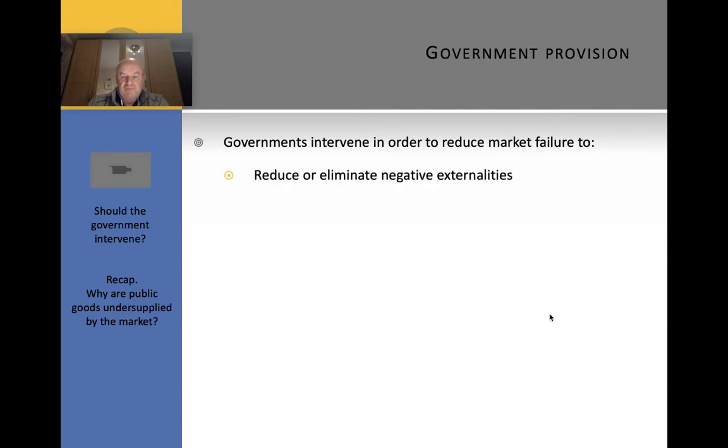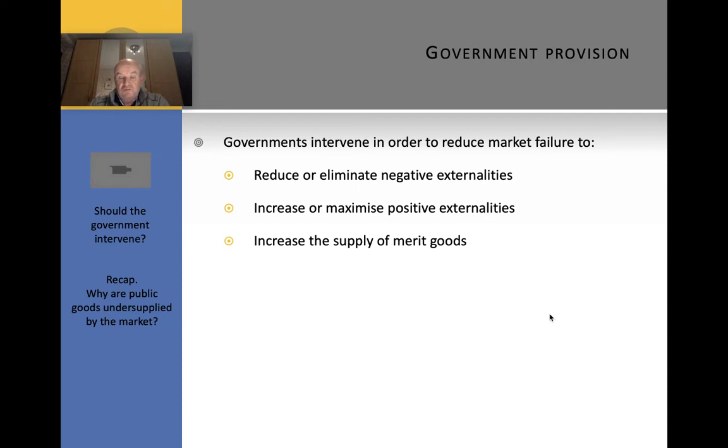Clearly, in some cases, the reasons for this intervention, one might be to reduce or eliminate negative externalities. That's something we talked about in the last couple of chapters. It could also be to increase or maximise the positive externalities of certain products and services.